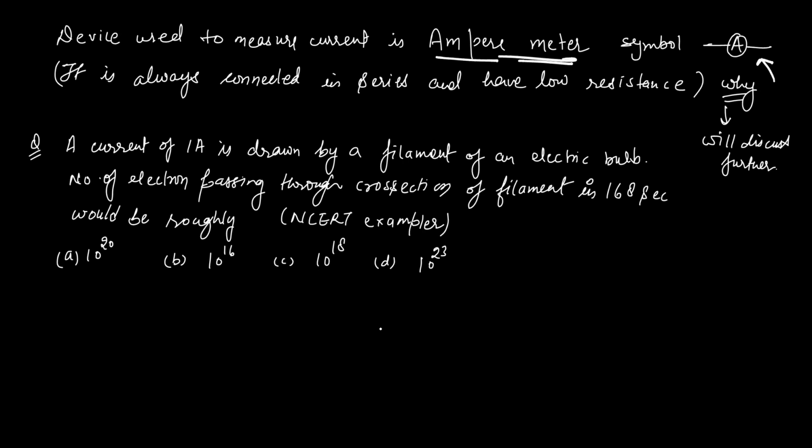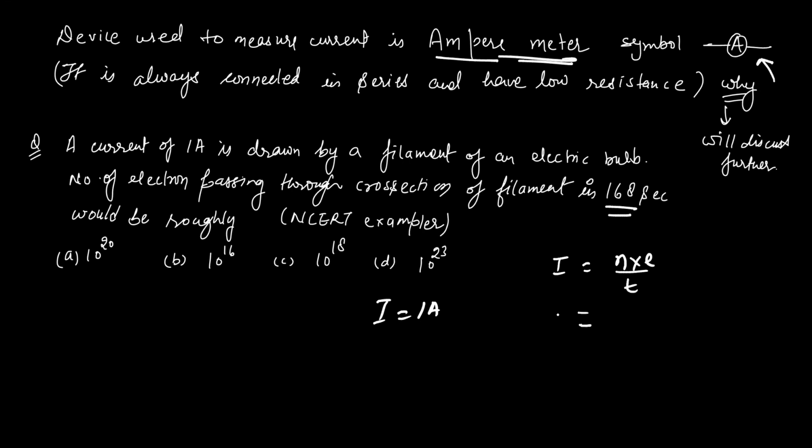A current of 1 ampere is drawn by a filament of an electric bulb. The number of electrons passing through the filament in 168 seconds would be roughly. So the number of electrons is being asked. I is equal to Q by T, and Q is N into E. So you can write this formula.